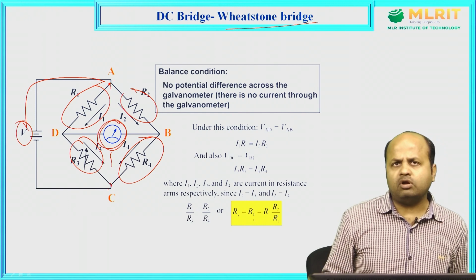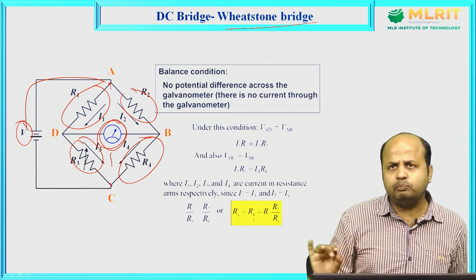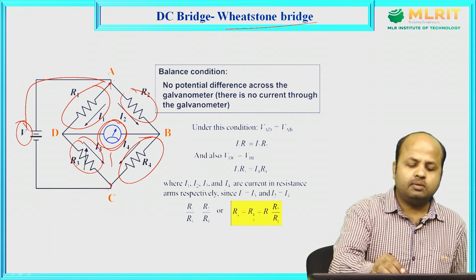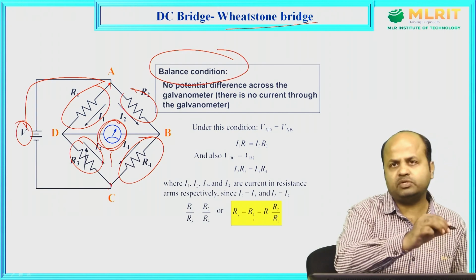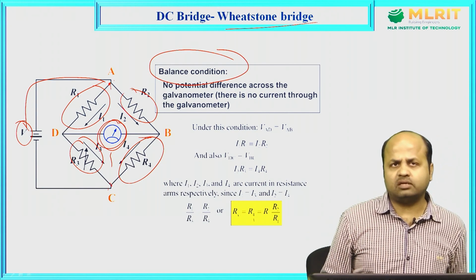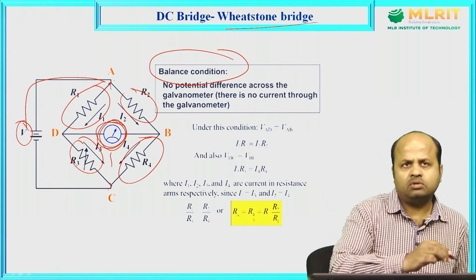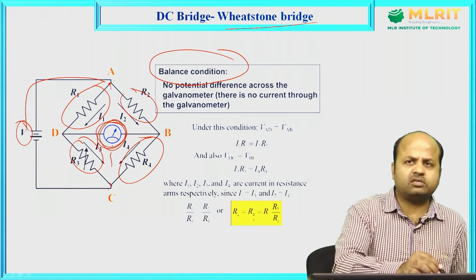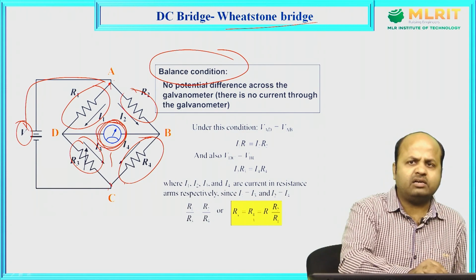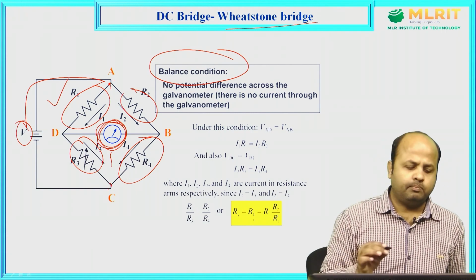So first of all, I would like to discuss the basic working principle of any bridge. All the bridges are based on the balance condition working principle. What is the balance condition? Whenever the current flowing through this current detector or current meter becomes 0, then we can say that this bridge has been balanced.